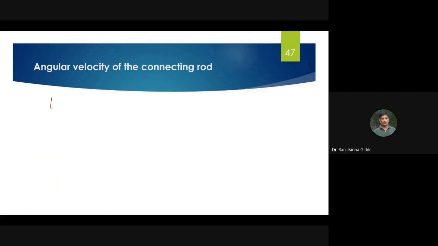So simply, omega AB is equal to, this is the formula. Okay.